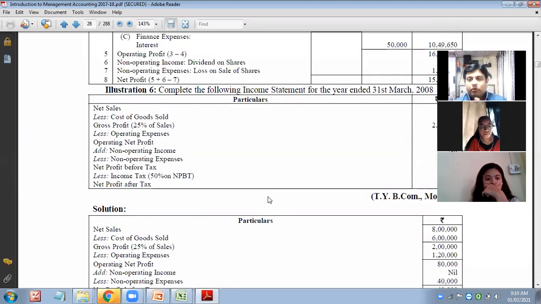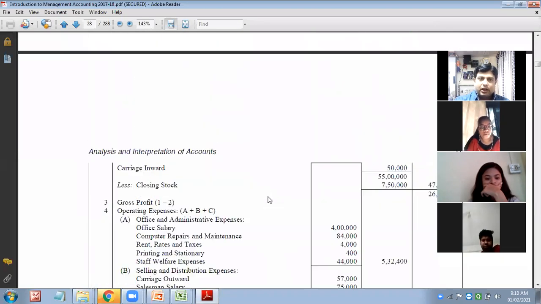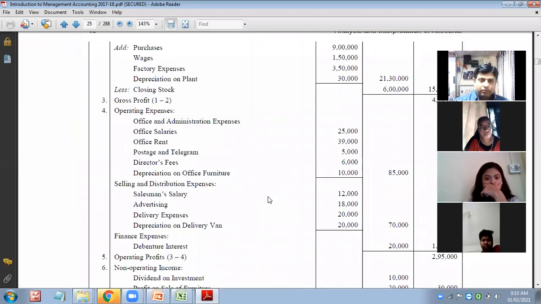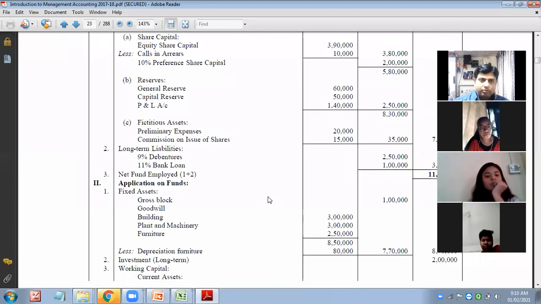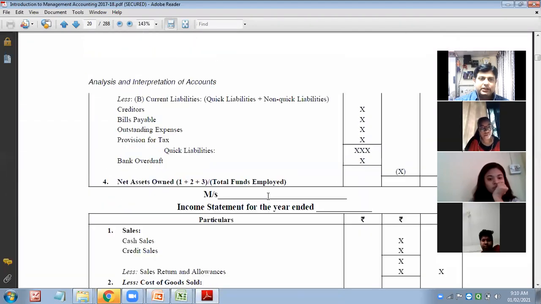Now we are going to have the application part of it. What do you mean by application of this? So in that, first and foremost, today we are going to learn the common size statement. What basically is a common size statement?